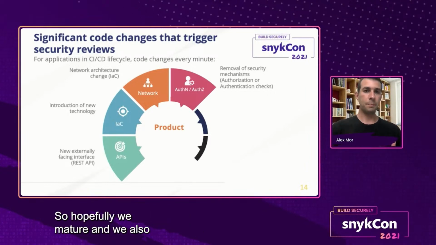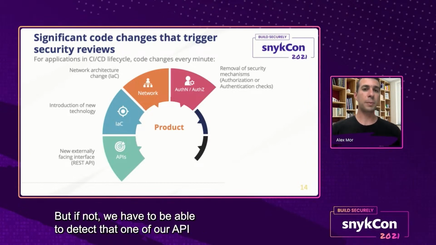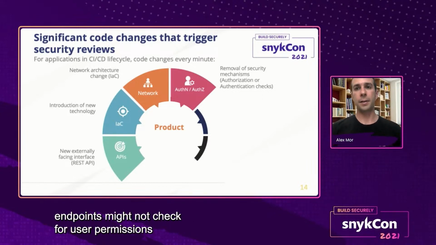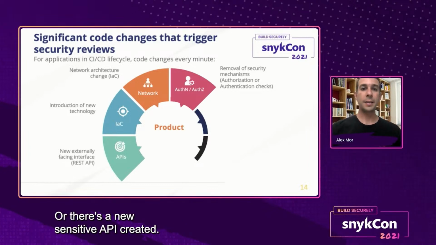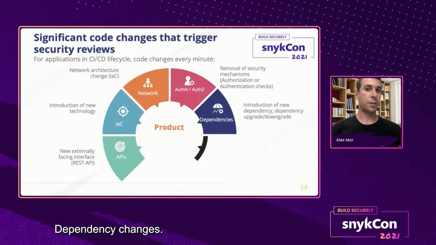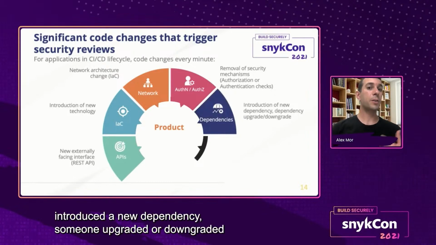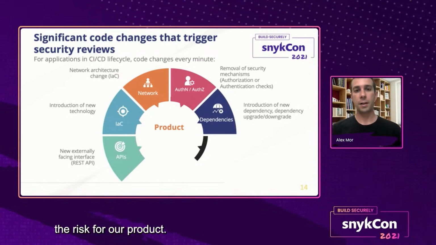So hopefully we mature and we also have authorization centrally managed, but if not, we have to be able to detect that some of our API endpoints might not check for user permissions to perform the activity in that, or there's a new sensitive API, right? created. Dependency changes. Someone removed a dependency, someone introduced a new dependency, someone upgraded or downgraded the dependency, creating or changing the risk for our product.